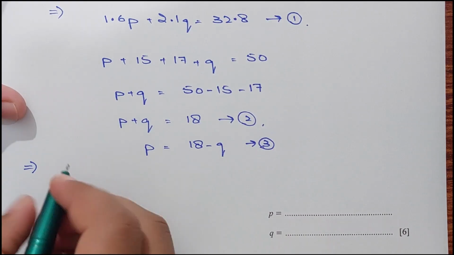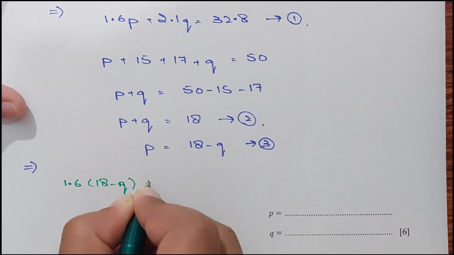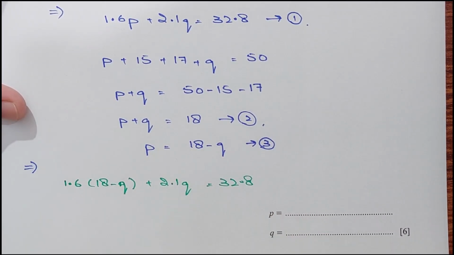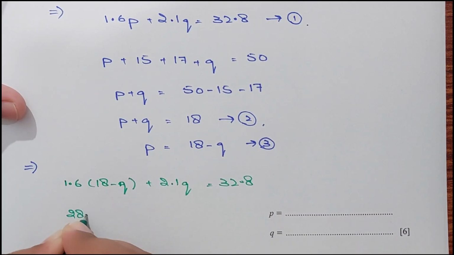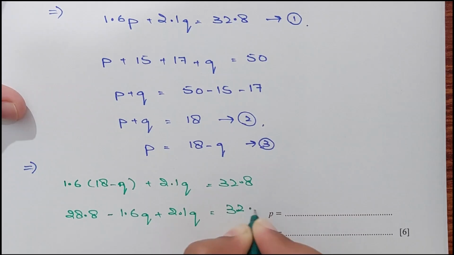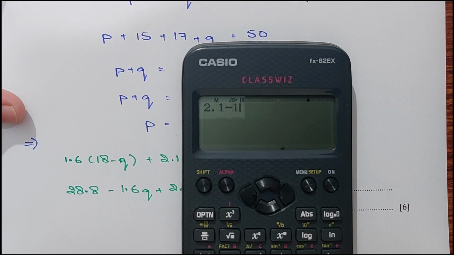So 1.6 times (18 minus q) plus 2.1q equals 32.8. 1.6 times 18 is 28.8. 28.8 minus 1.6q, and the next is 2.1q. This is 32.8. All right, so we have 2.1 minus 1.6, simplifying the q, which is 0.5q.